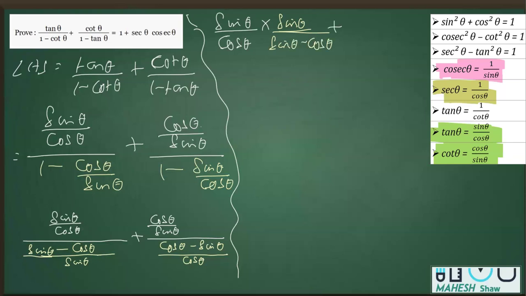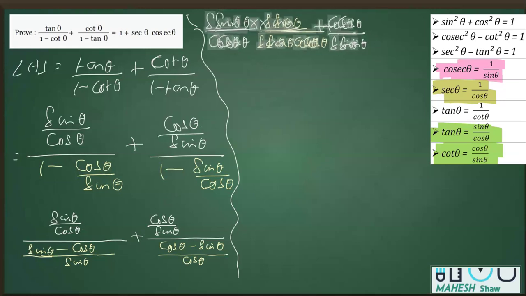Now, if you put a plus sign here, let's simplify this part. We have cos theta by sine theta, and as I said, dividing is the same as multiplying by the reciprocal. So it will come as cos theta in the numerator and cos theta minus sine theta.